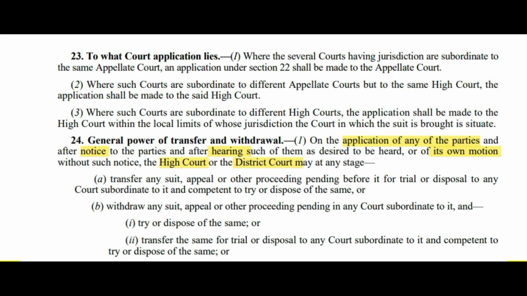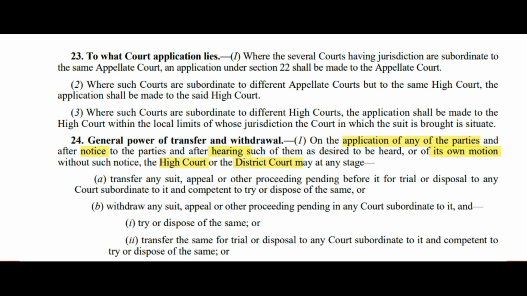But the requirement is that that suit or appeal or other proceeding should be pending before the court for trial. Then it can be transferred to any other court for trial or disposal. But the court to which it is transferred should be subordinate to it, and that court should be competent. Two things: it should be subordinate, it should be competent.